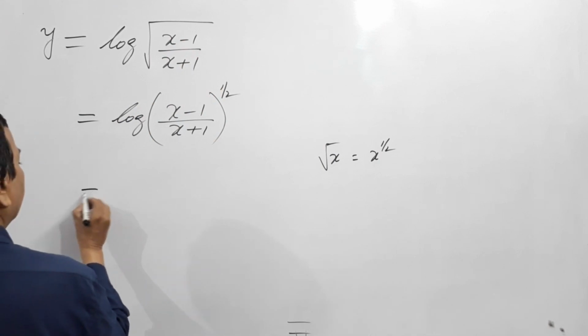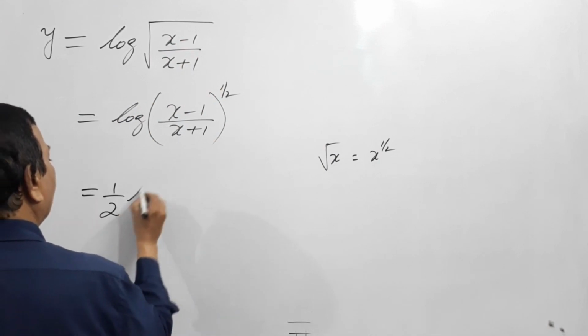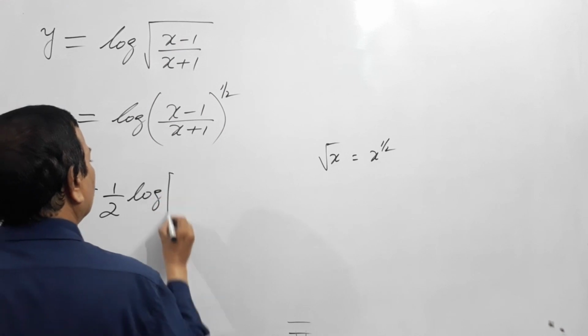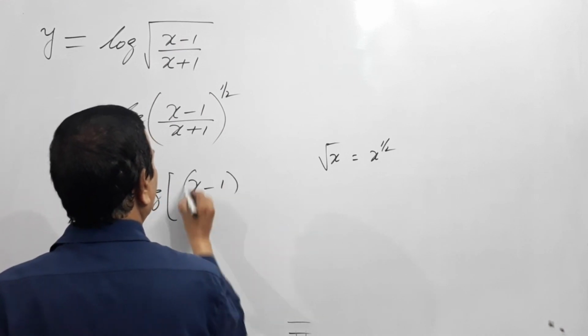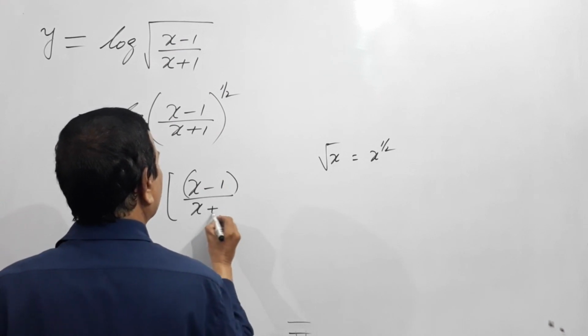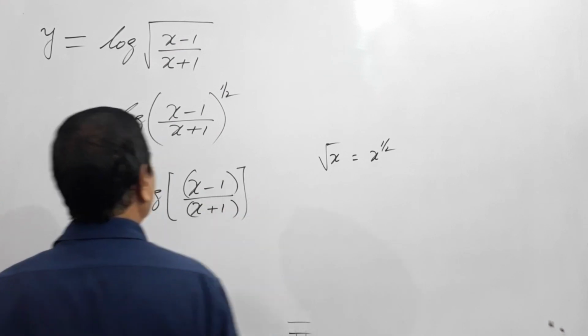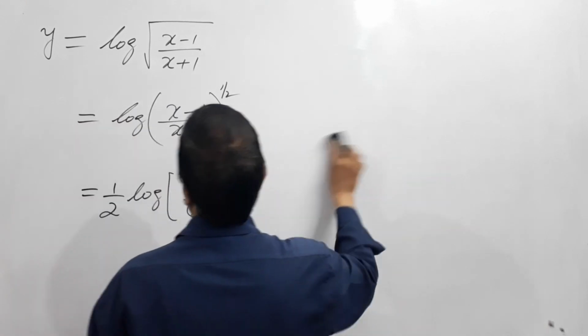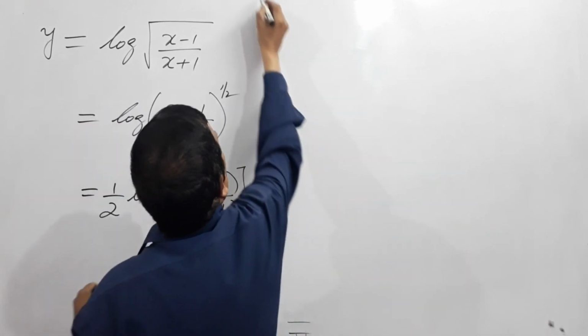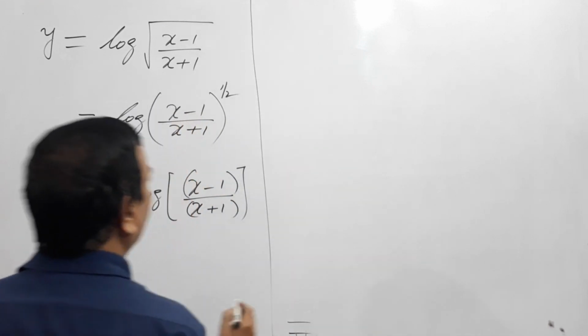So this becomes what? Half log of x minus 1 by x plus 1. Okay. So let me divide this into two parts.